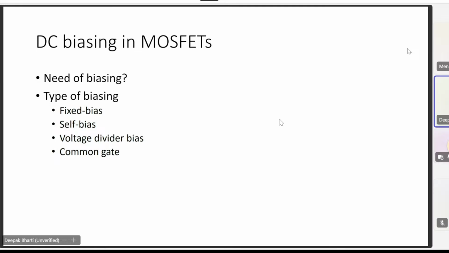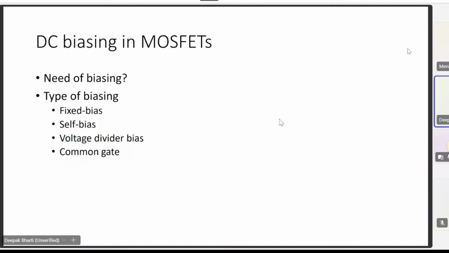Now, what is the meaning of biasing? Biasing is an arrangement of external circuit components like resistors, capacitors and voltage supplies around the transistor so that the transistor can be operated in the region of interest.